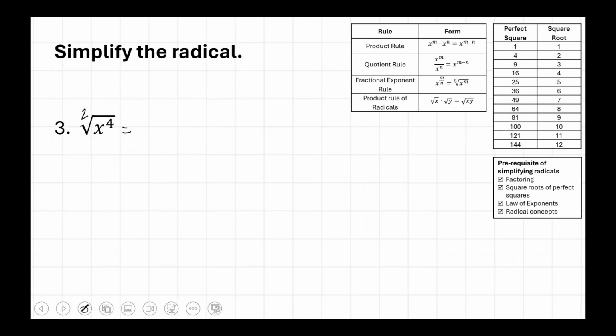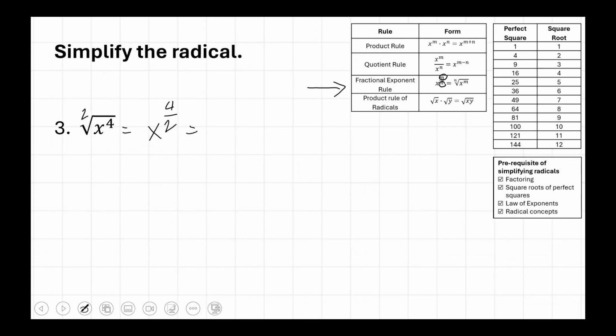With that, by the concept of the fractional exponent rule, we know that we have a numerator and denominator if we're going to change this radical form into fractional form. So let's rewrite x raised to 4, because that is your exponent. Then the index becomes your denominator.